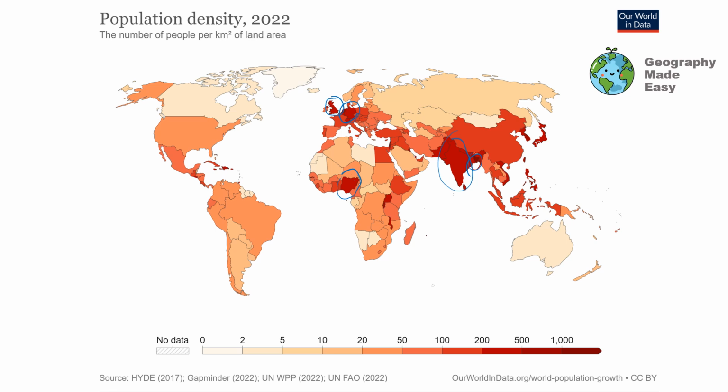These countries also have pretty high populations, and some of the lowest densities are in the Russian Federation, Canada, Greenland and Australia. So this gives us an idea about population density. This is from the data of 2022.